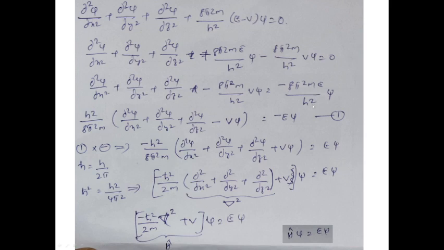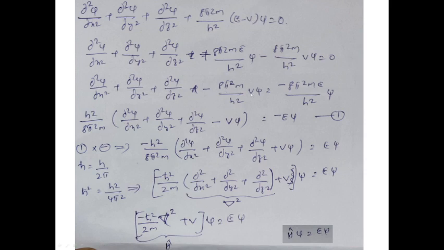Now what I am going to do is multiply this whole equation by h square by 8 pi square m. On both sides we multiply by h square by 8 pi square m. On this side we have h square by 8 pi square m with the same term in the bracket.